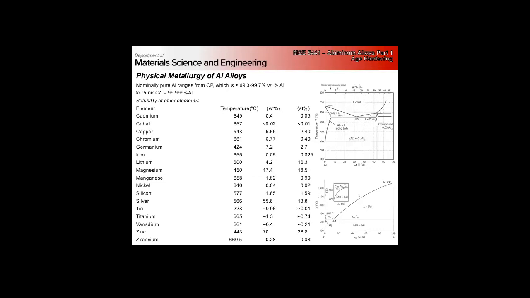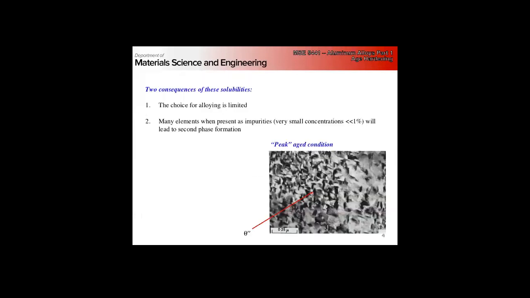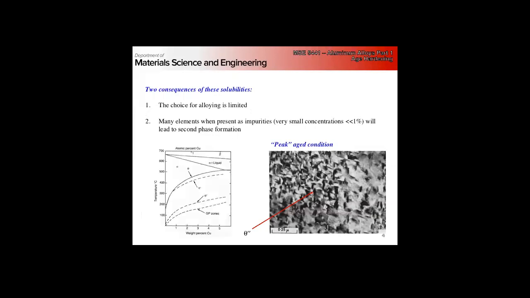some general classes, and we get a lot of precipitation. Small concentrations give us secondary phase formation. Generally the trend is GP zones, then intermediate phases with an increasing solvus.